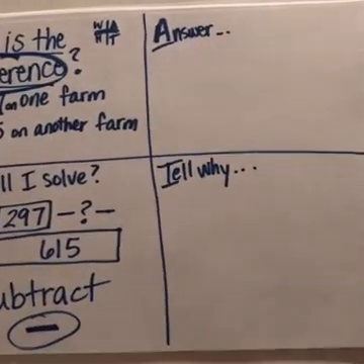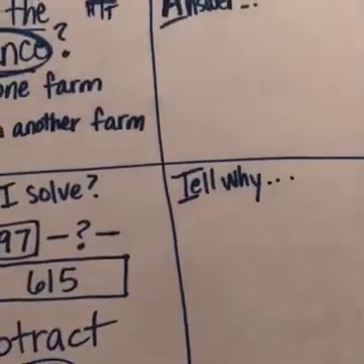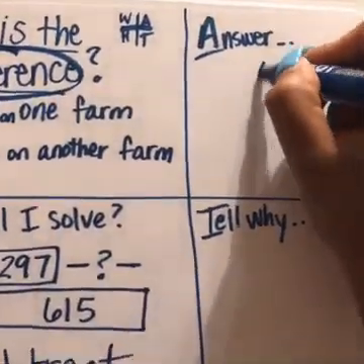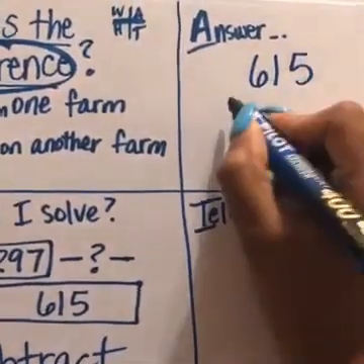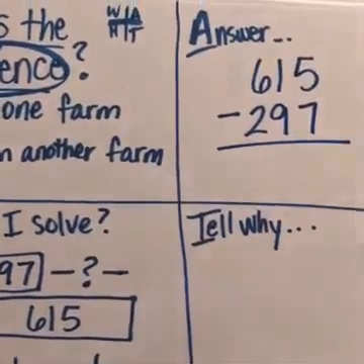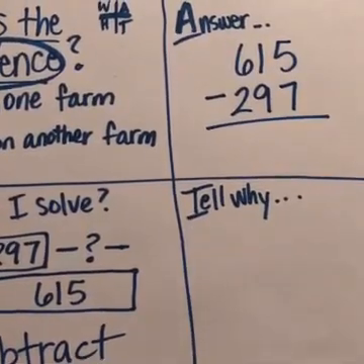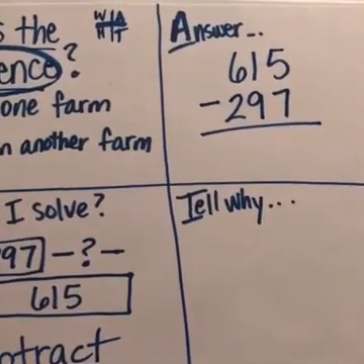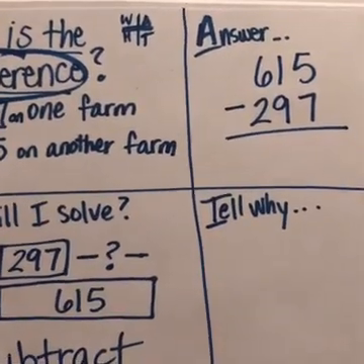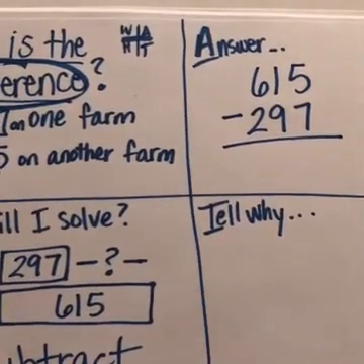Okay. So now I am going to answer the problem. Well, I know I'm going to do 615 minus 297. Now, there are other ways your child could do this. They could draw it out with base 10 blocks. They could use the number line. But I'm going to go ahead and do y'all's favorite way.